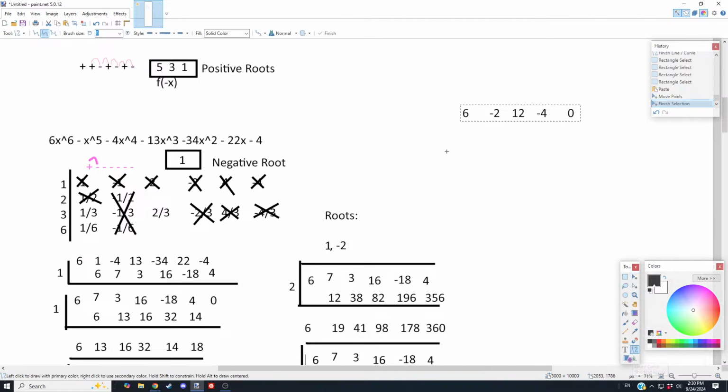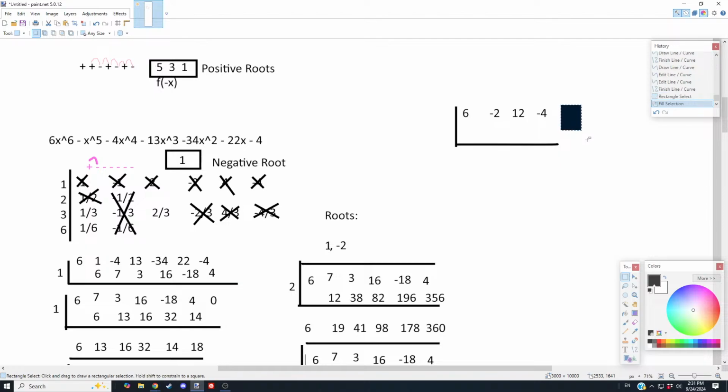And let's do our static division line. We actually don't need to include that 0. I can delete that one. Okay. Let's try 1/3.